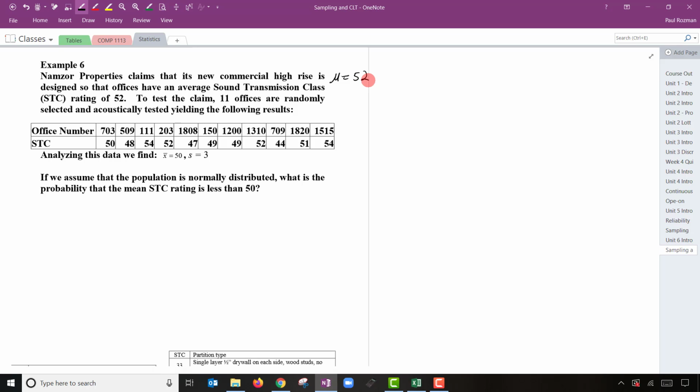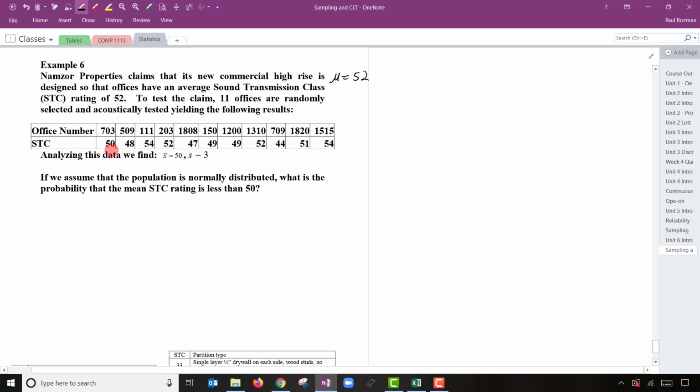You're negotiating a lease with them, and you want to rent out some space, and you don't believe that they're as quiet as they say. You think they're saying it's better than it actually is. To test the claim, you get the keys to 11 offices, and you go and measure the sound transmission class, however that is done.